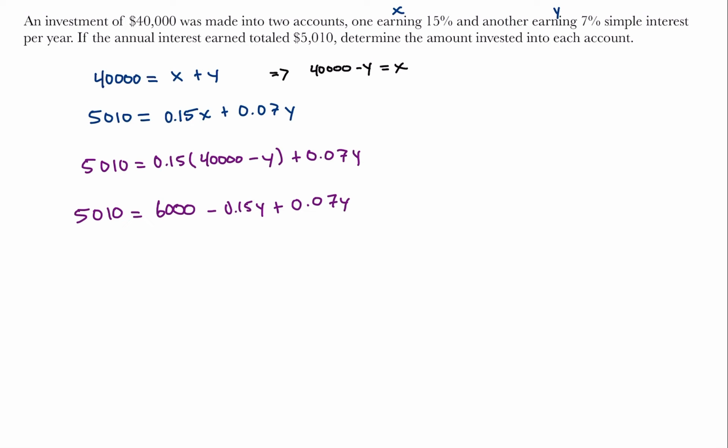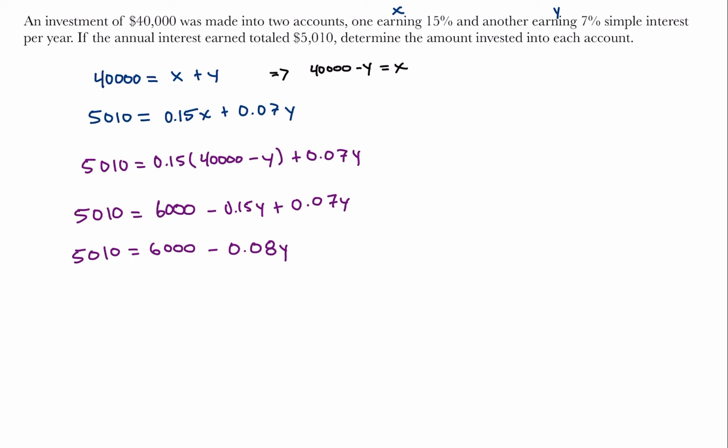Negative 0.15Y plus 0.07Y can combine because they're like terms. So I'll end up with that rewritten and then minus 0.08Y is those two combined.